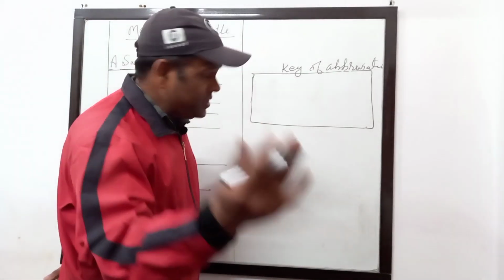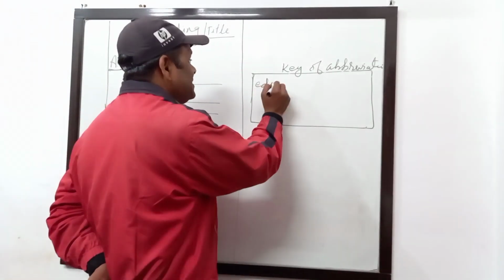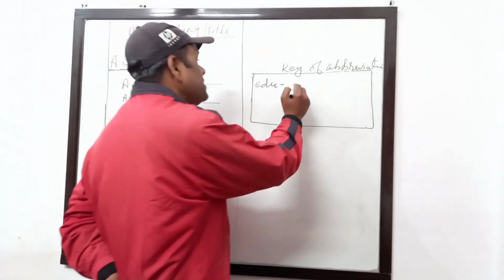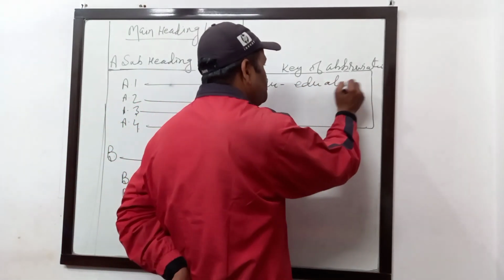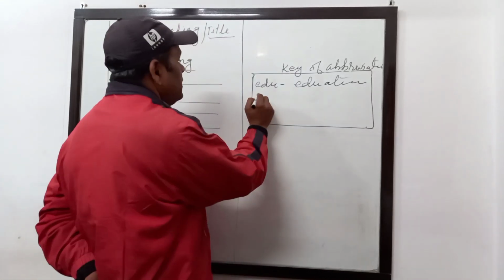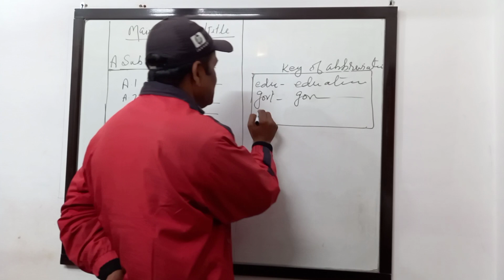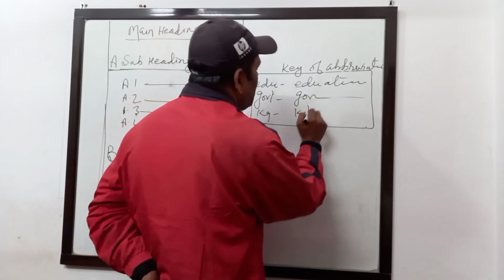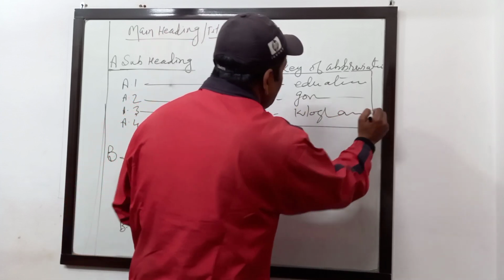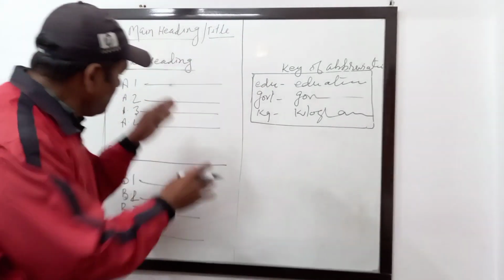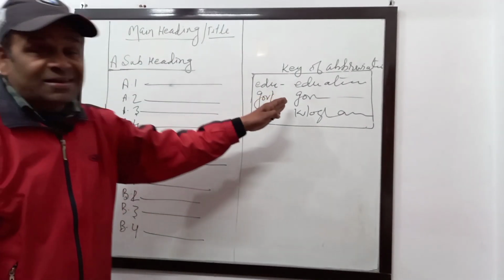Suppose I give you one or two examples. Suppose if it is EDU, it will be education. Write the full form. If it was GOVT, write government. If it is kg, write kilogram. So my dear children, in this way, and remember, not all abbreviations can be listed here.